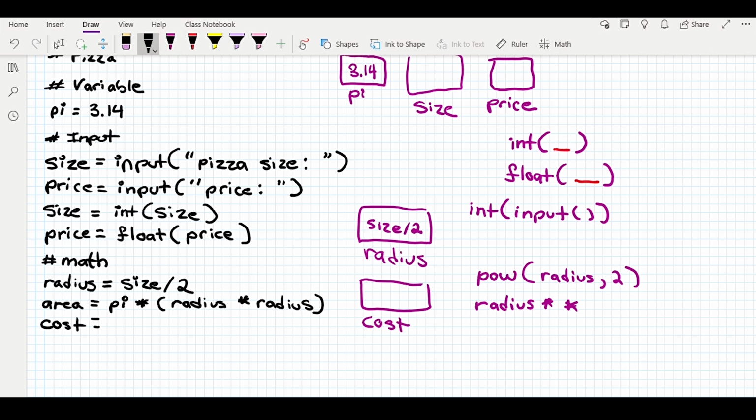It's going to be equal to the price, so whatever value price is, divided by the area of the pizza. We don't know what that number is right now because it could be anything. No one has run the program yet. But that's how it goes.